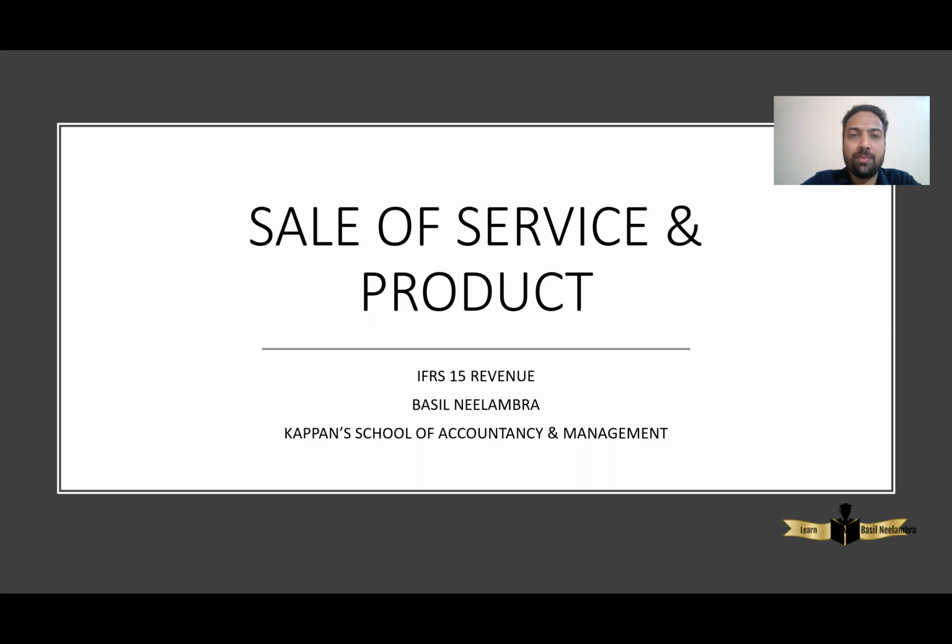Certain questions will also ask you what is the deferred income, how you have to show this deferred income, and how will you classify this deferred income into current liability and non-current liability. We are going to learn all those things in today's class.